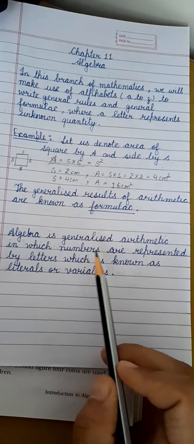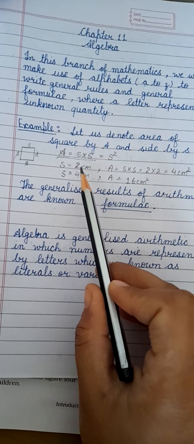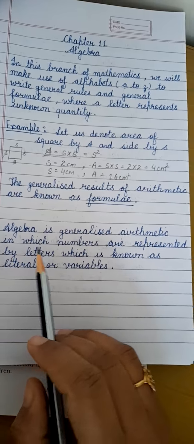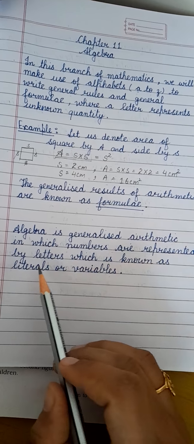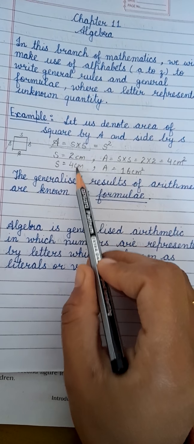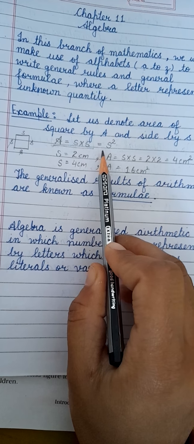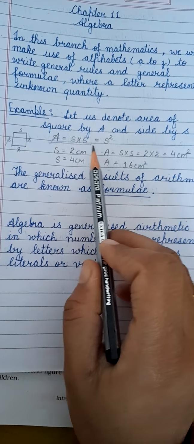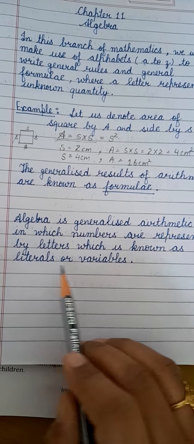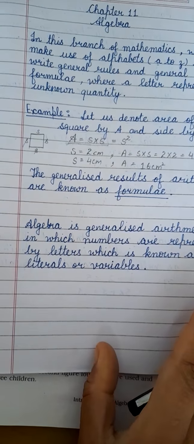So algebra is generalized arithmetic. Here we are actually using arithmetic, but numbers are represented by letters. What is the difference? Only in place of numbers we use variables to generate a formula, in the branch of mathematics called algebra. So these alphabets are known as variables.